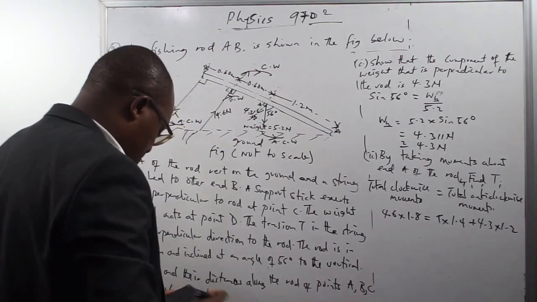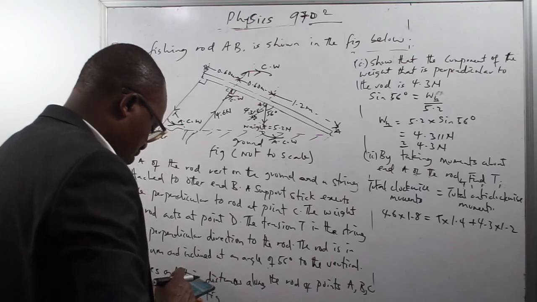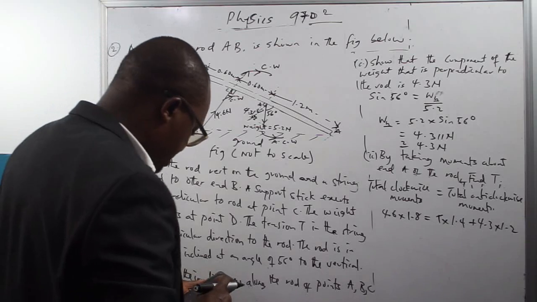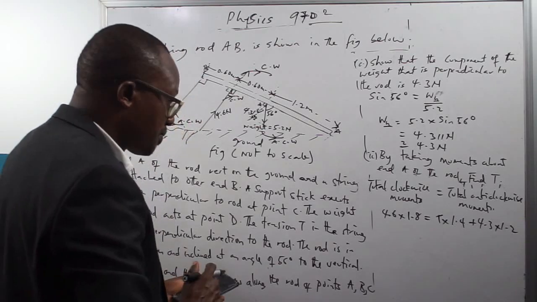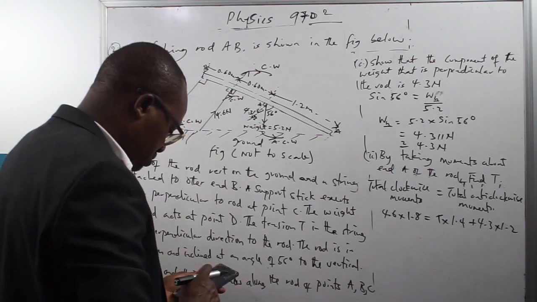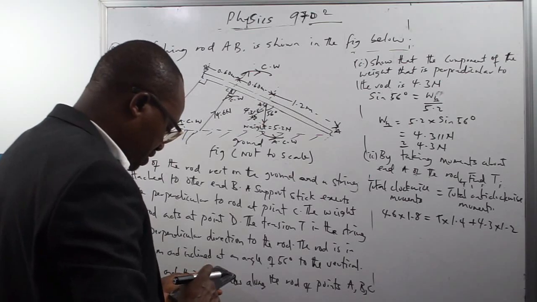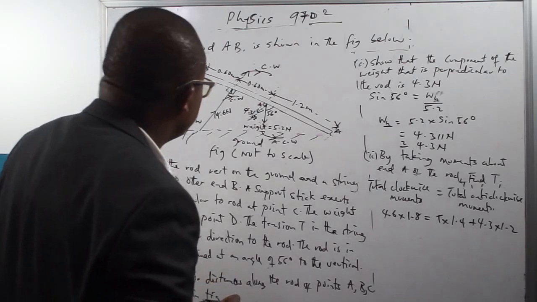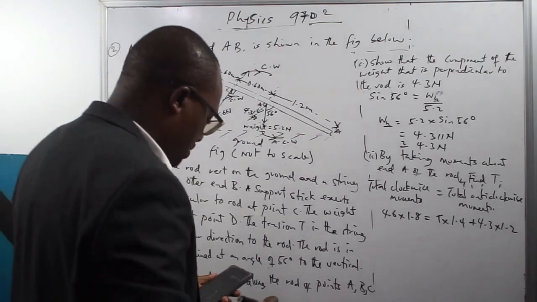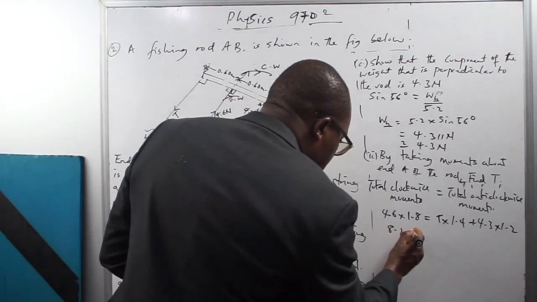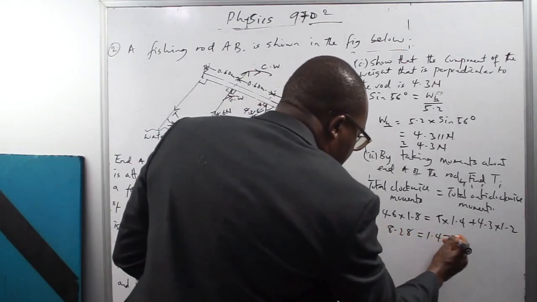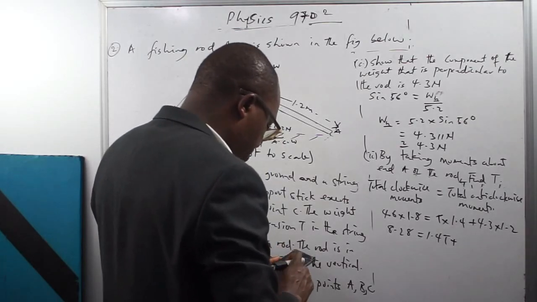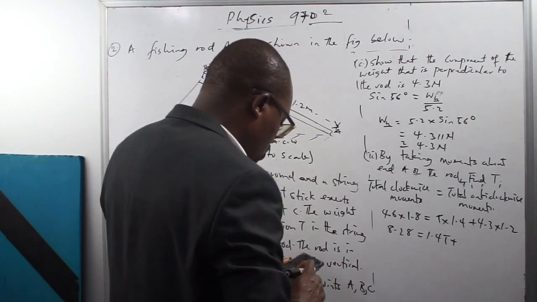You bring out your calculator, then you allow the calculator to do its work quickly. So that will give you 4.6 times 1.8. Don't forget that. That becomes 8.28, which is equal to 1.40 T plus 4.3 times 1.2.